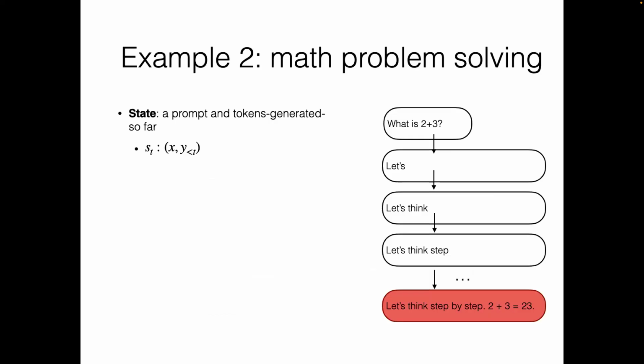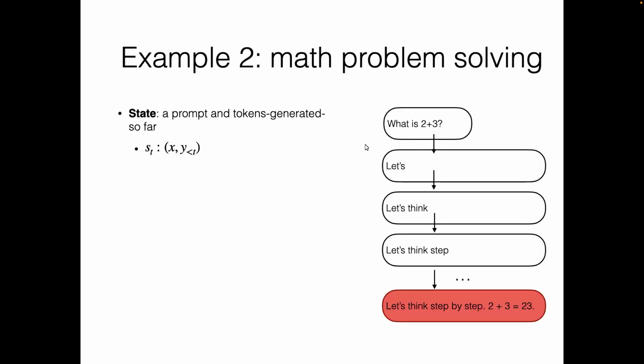Let me just go through this example here, and we'll talk about it more next time. So instead of the Atari games, let's look at one way of framing text generation or this math problem solving as an MDP. Here our state would be a prompt X and the tokens that you've generated so far. At the beginning, you just have the prompt.